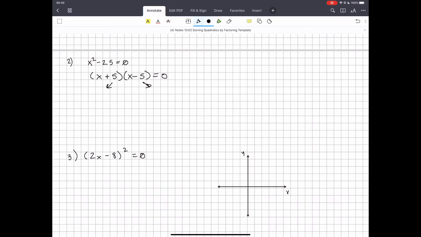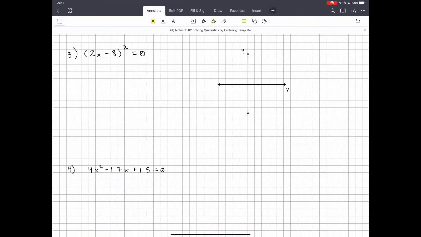I know that we can do this mentally, but just to show the algebraic process, we subtract 5 from each side here, especially for much more challenging problems. So our answers for this one are x-intercepts of -5 or +5.